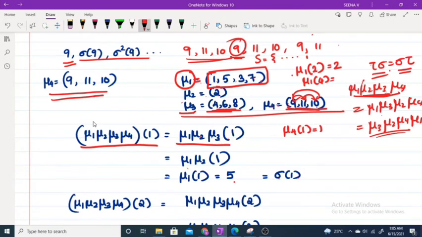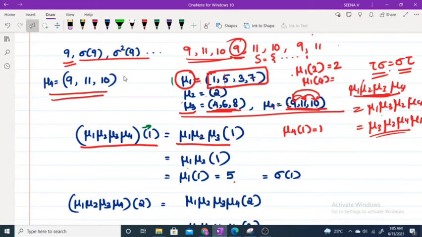Or you can write this as, if you take 1 from this, clear that if you take any element, just look at which cycle that belongs to, then only that cycle moves that element.